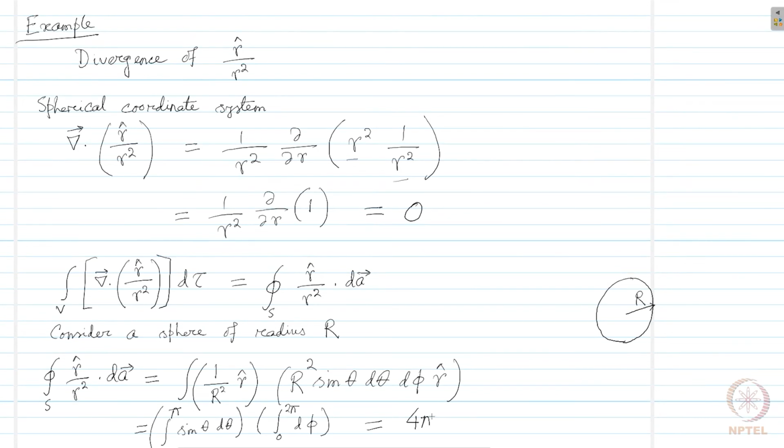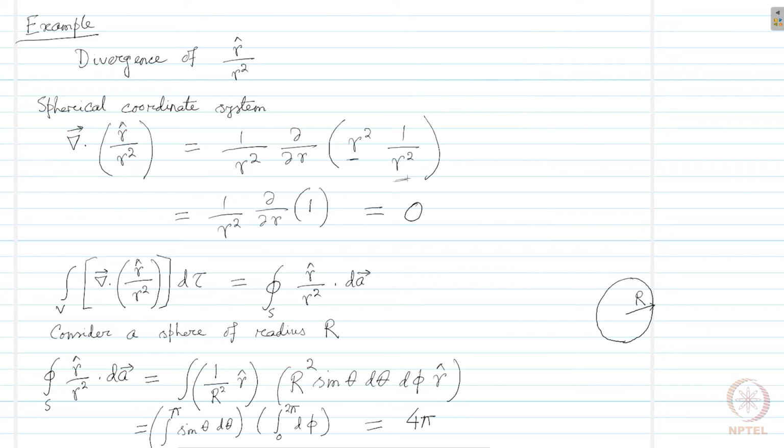Is the divergence theorem wrong? Must not be. Here, in case of calculating divergence, what we have done is we have cancelled r squared from the numerator with the r squared from the denominator. But this cancellation is not valid at r equals 0.